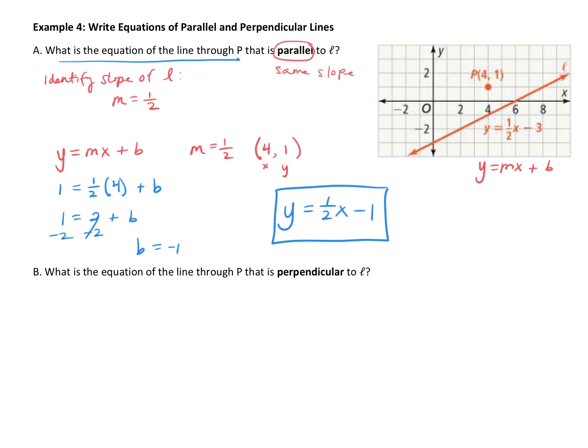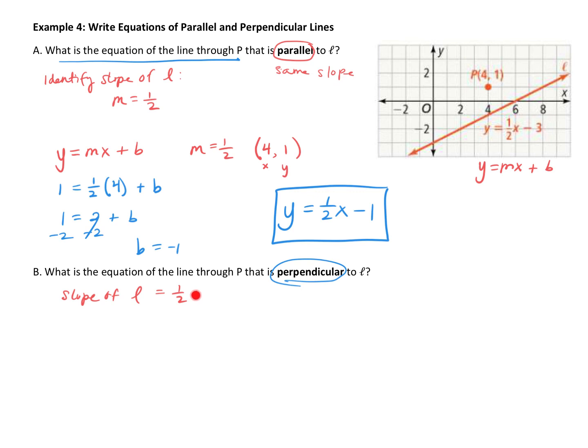All right, what is part B? What is the equation of the line going through P? We're going to use that point P again, 4, 1, that is perpendicular to line L. So let's figure out what slope is perpendicular to line L. If we remember, the slope of line L is 1/2.